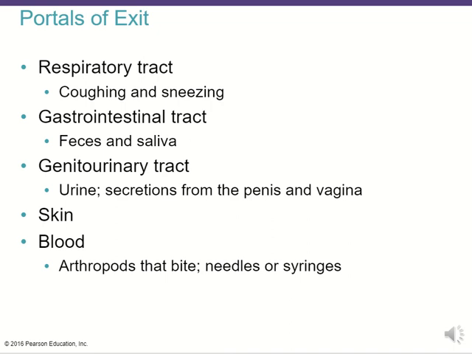Also the genitourinary tract, which involves urine or secretions from the penis and vagina area. Also could be from secretions from the skin or sweat glands. And also if blood is leaked, such as when arthropods bite or through needles or syringes that are shared between multiple people, or when an arthropod, such as a mosquito, bites one infected person and then goes on to bite someone else.